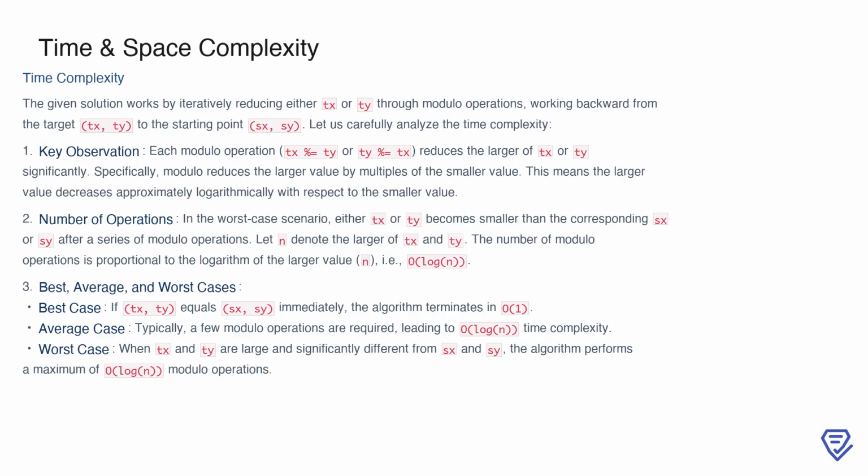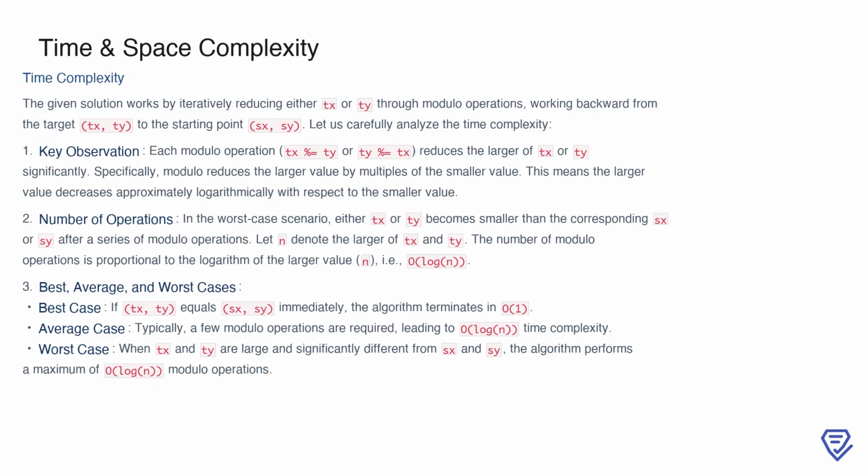This behavior indicates that the number of operations depends on how many times the larger value can be reduced in this way, which is proportional to the logarithm of the larger value. In the worst-case scenario, the algorithm continues reducing tx or ty until one of them is smaller than the corresponding starting value. If we let n represent the maximum of tx and ty, the total number of modulo operations required is proportional to O(log n).